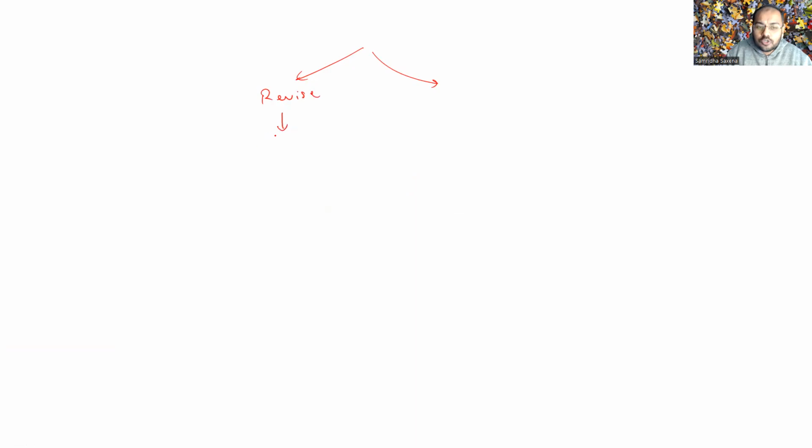Revise means what most people do, they repeat, repetition is happening, right? But is that the right way? And the second way is to actively recall things.